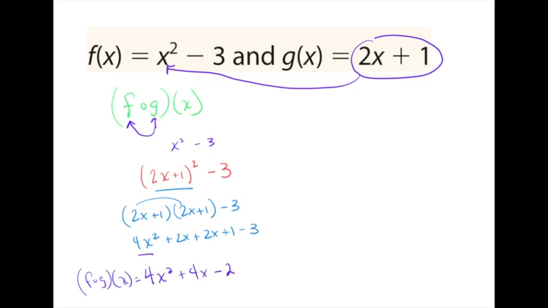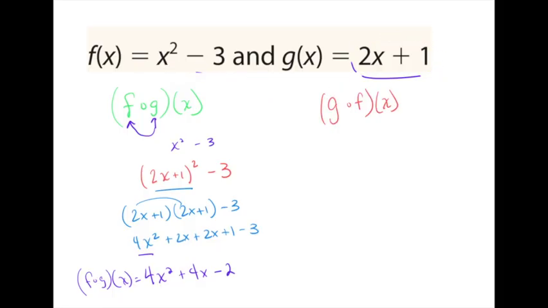Had they told us to do g of f of x, then I would have taken my f function and it is going to go into my g function. So I'm going to take this function here and plug it in for my x there. Always go this function into that function.